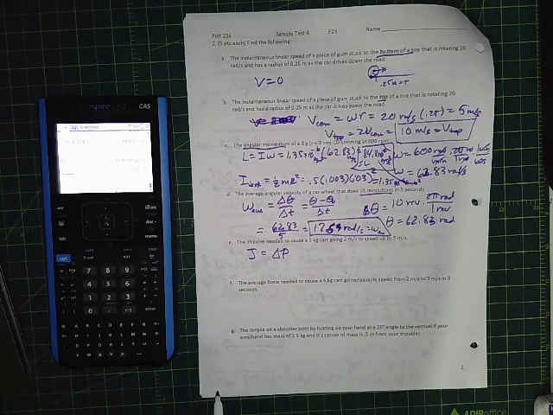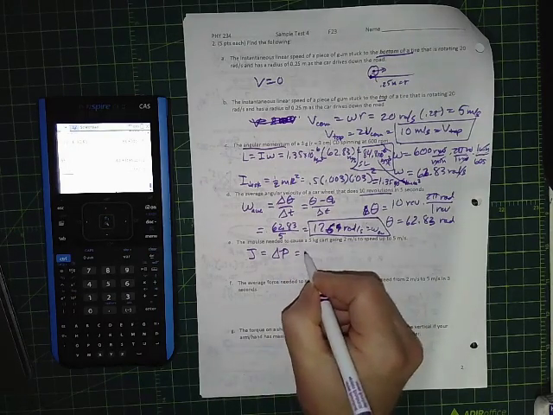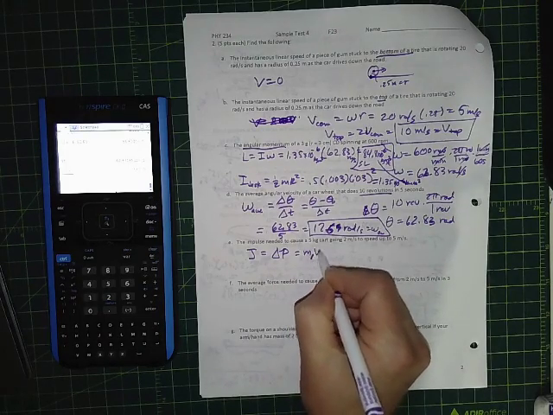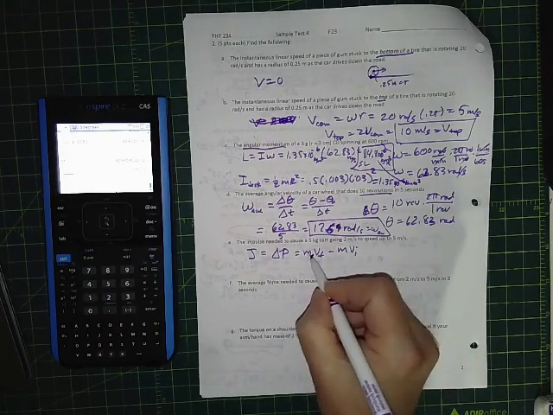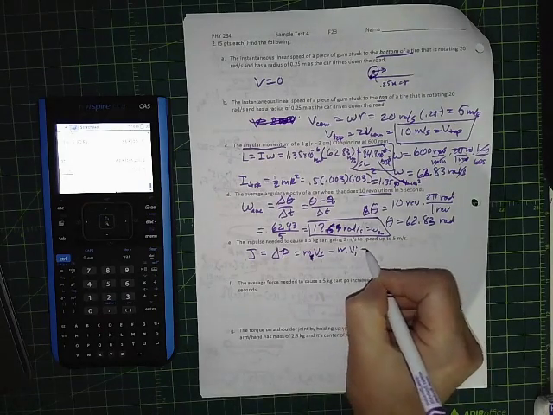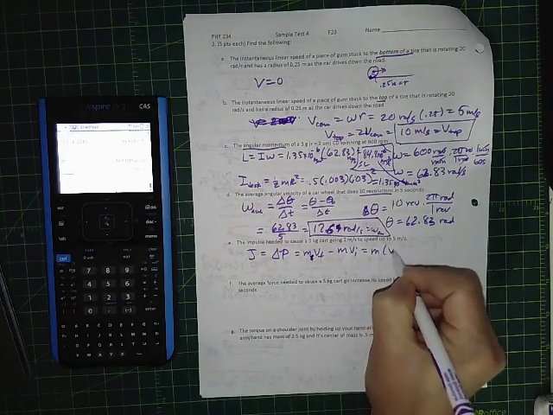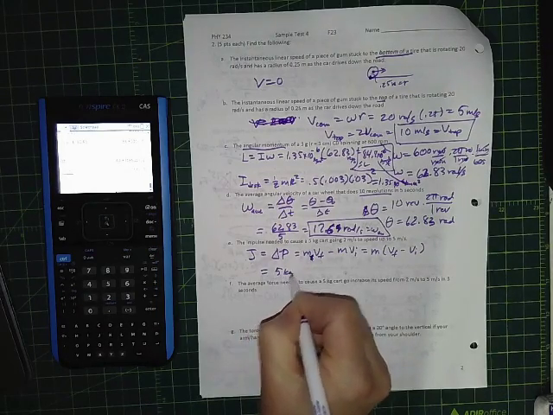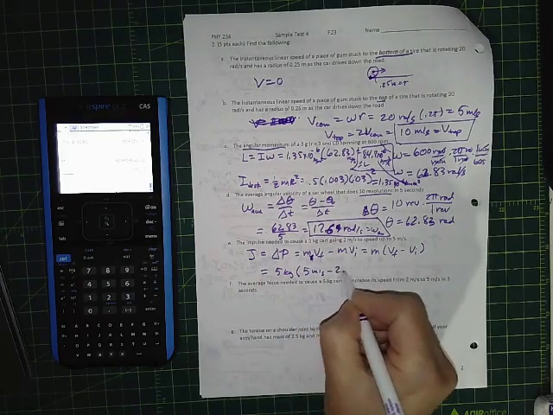So we want to know the change in momentum. Momentum is mv. So we're going to have m, which is not going to change, times v final minus m times v initial. Final minus initial to get the change. So that's going to be m times (v final minus v initial), which is 5 kilograms times (5 meters per second minus 2 meters per second).